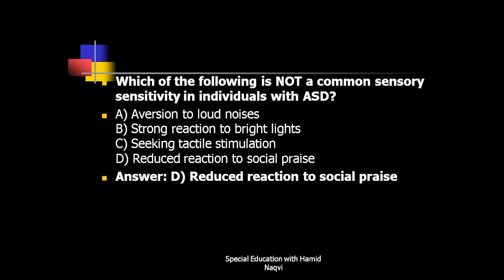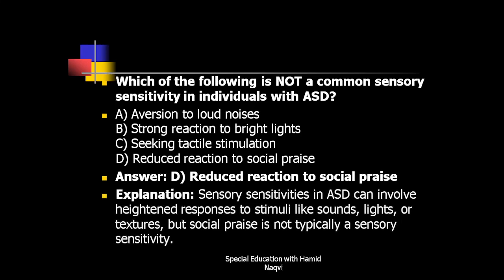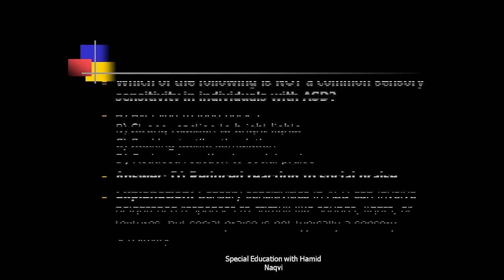Answer is the last one, that is reduced reaction to social praise. Sensory sensitivity in ASD can involve heightened responses to stimuli like sounds, lights, or textures, but social praise is not typically a sensory sensitivity.